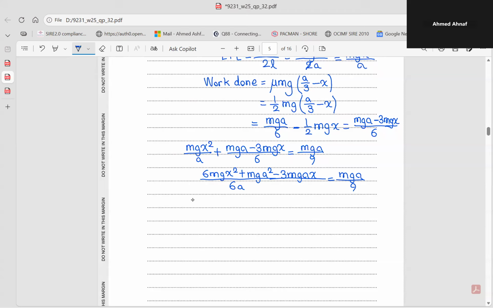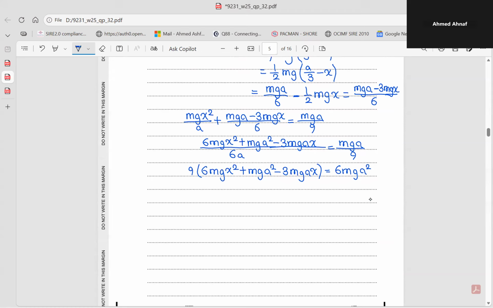Doing that, you'll get 9 times 6mgx squared plus mga squared minus 3mgax equals 6mga squared. So expanding, you'll get 54mgx squared plus 9mga squared minus 27mgax equals 6mga squared.